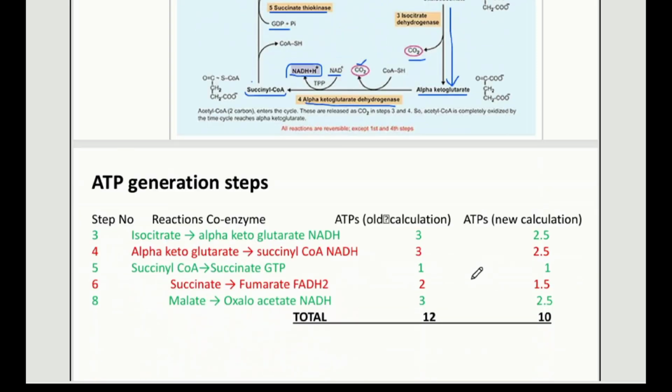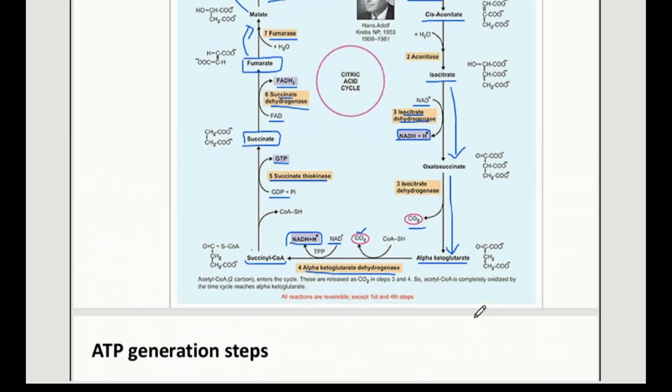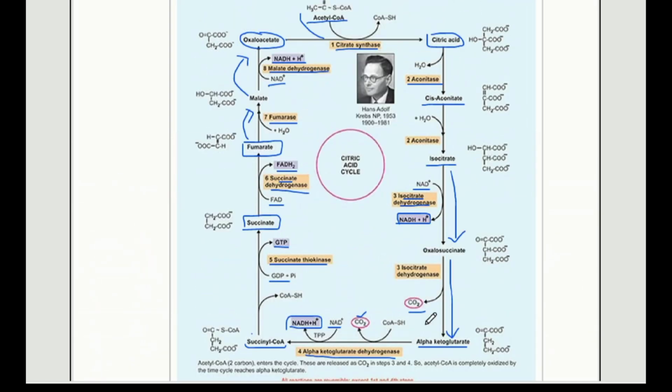Now if we check the ATP generation in one cycle of the TCA cycle, here when isocitrate is converting into oxalosuccinate, in this step one NADH plus H plus molecule is producing. So from here we can get 2.5 ATP. Another step is here when alpha ketoglutarate is converting into succinyl CoA, another 2.5.